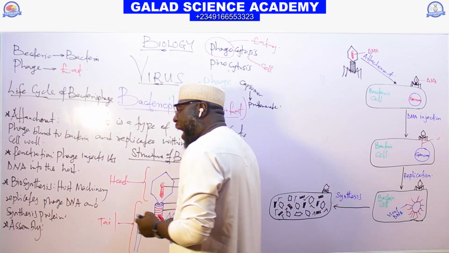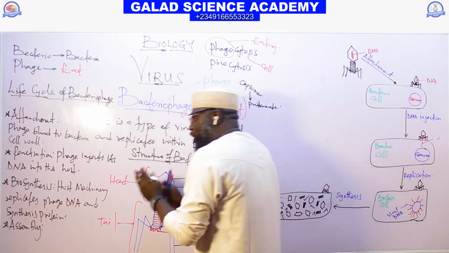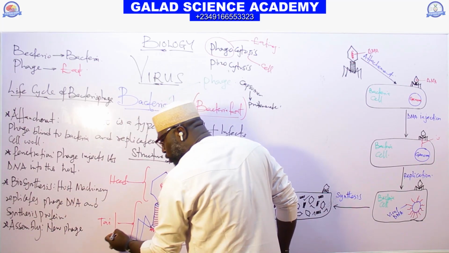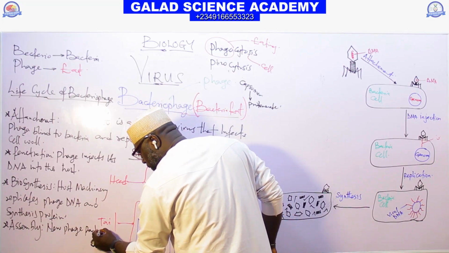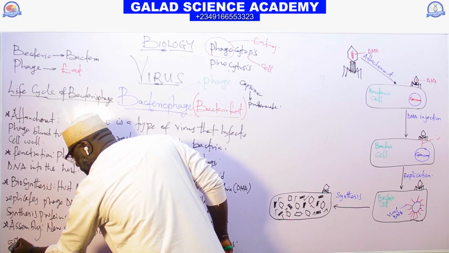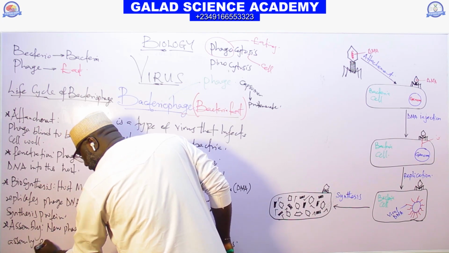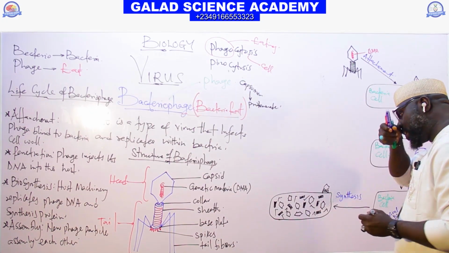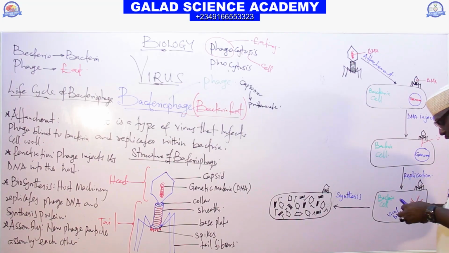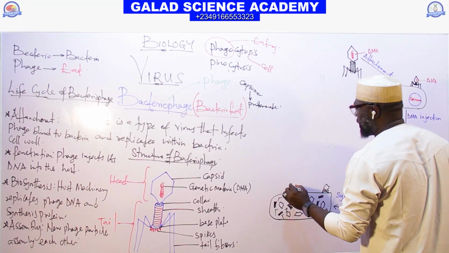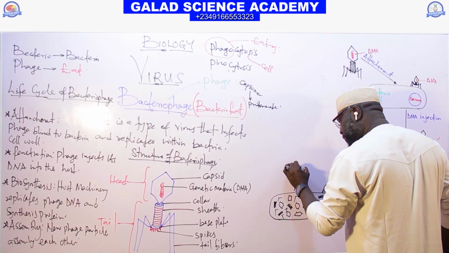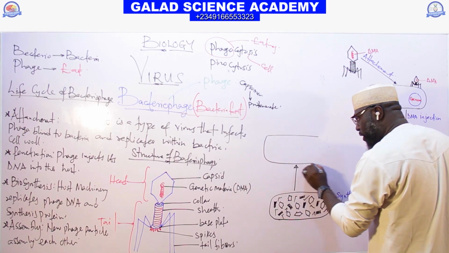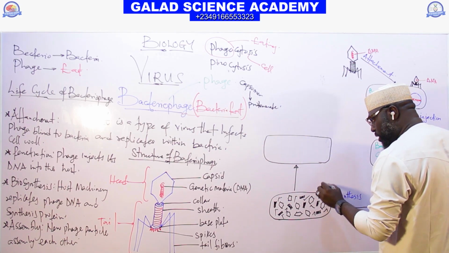The new phage particles assemble each other. That is what happens here. After this stage, the next thing that happens is that the phages will assemble each other in the bacterial cell.